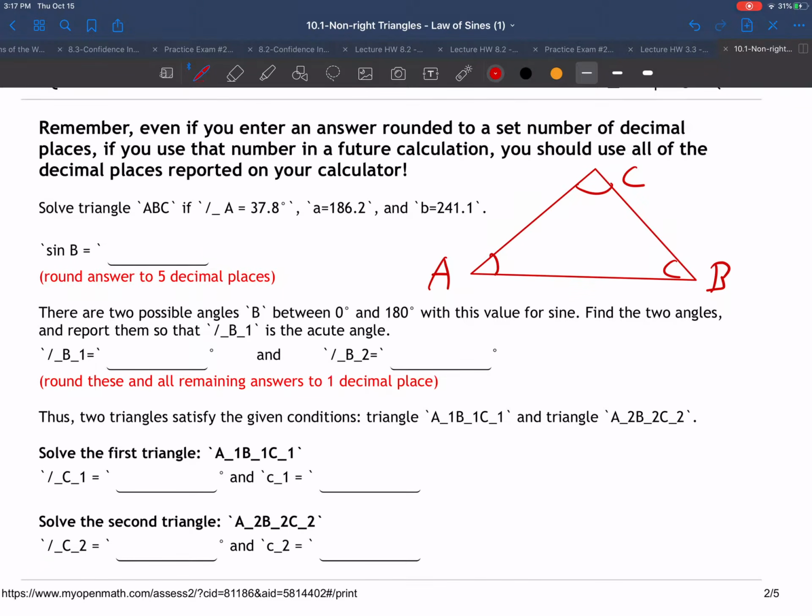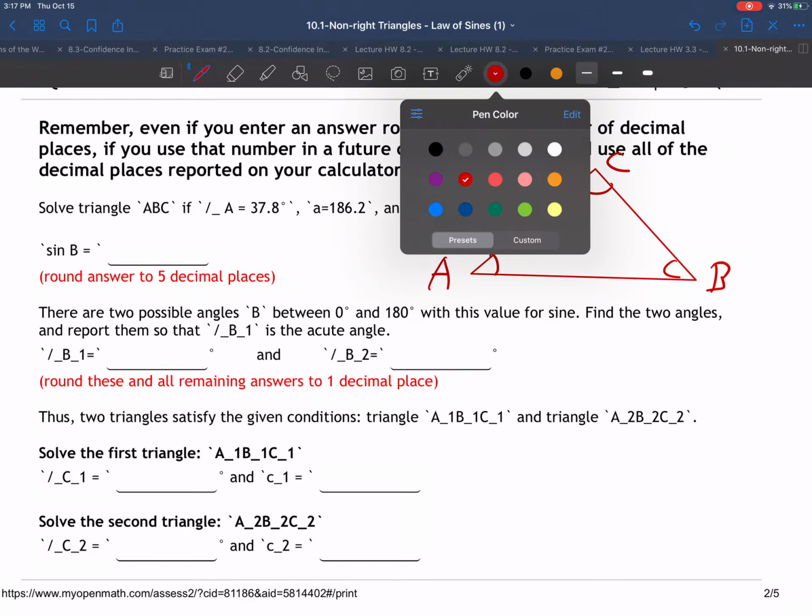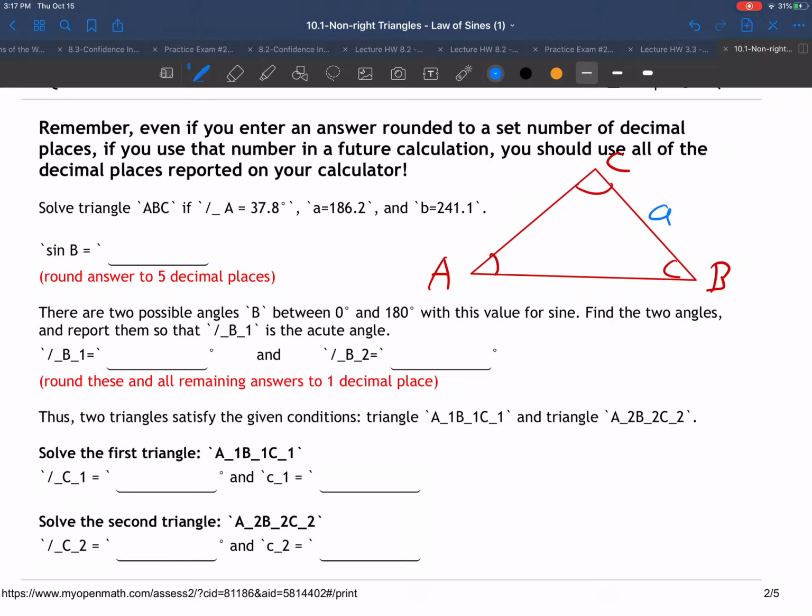It doesn't matter. You could put A at the right and C at the top or bottom or whatever. And then across from those, I'm going to put little a over here, little b over here, little c over there. So notice we put C across from C, A across from A, and B across from B.